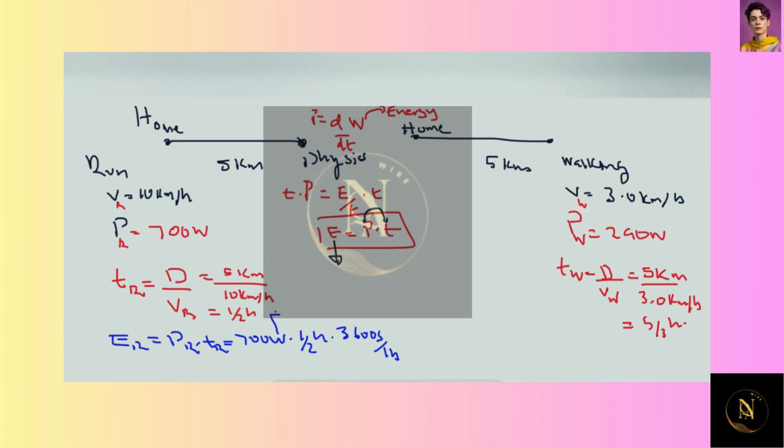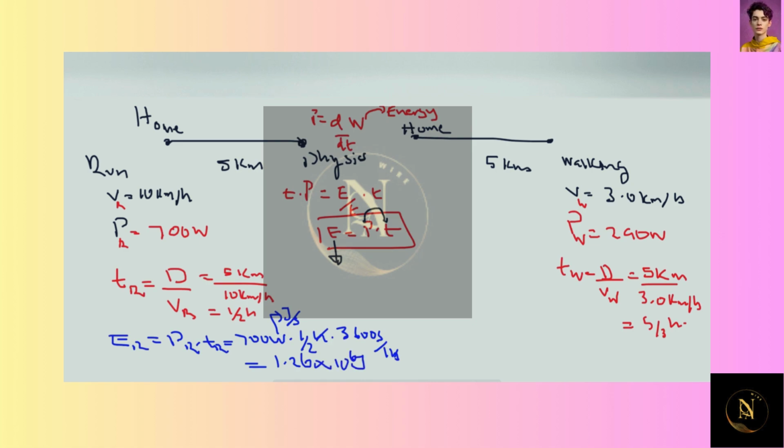Watts is joules per second. So we have to change all the units to standard units, and the hours will cancel out. When you simplify, you get the energy expended when you're running: 1.26 times 10 to the 6 joules.